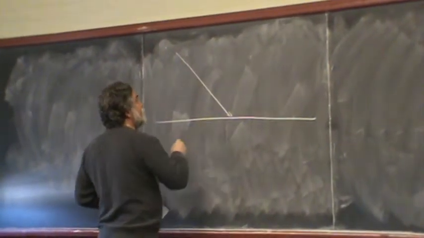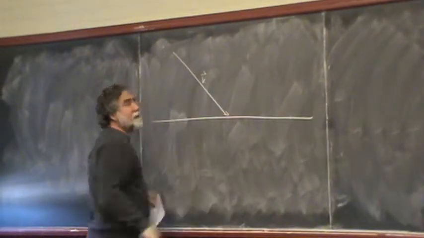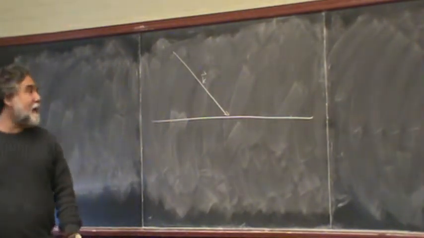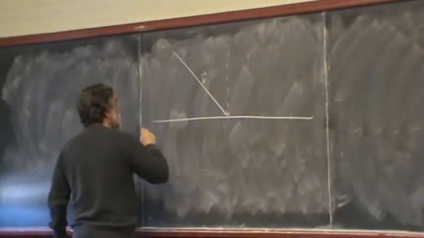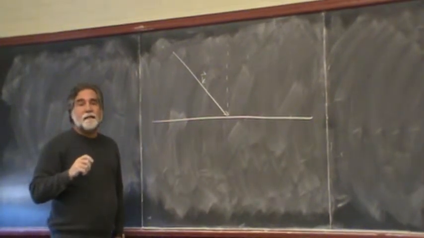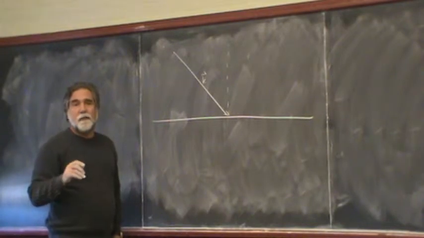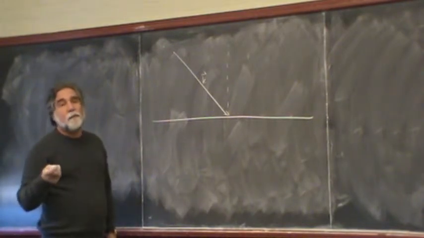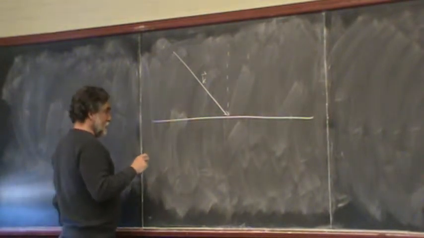We have a wave incident on a boundary, and this would be my incident wave vector, which I'll call K. Over here, I'm going to make life easy for myself, and I'm going to ignore the magnetic permeability, because for most important optical materials, the magnetic permeability doesn't play a major role.